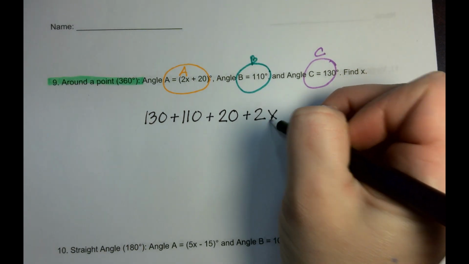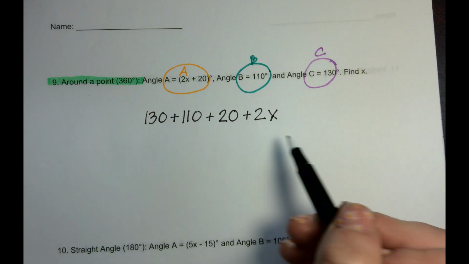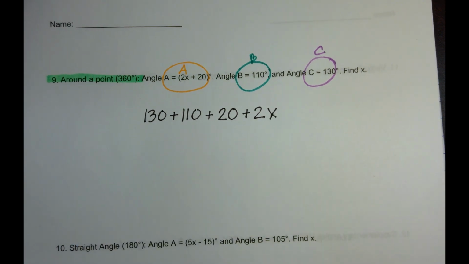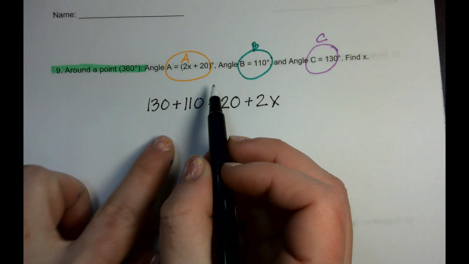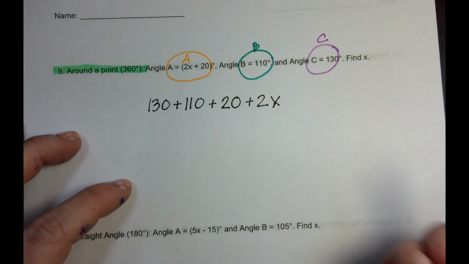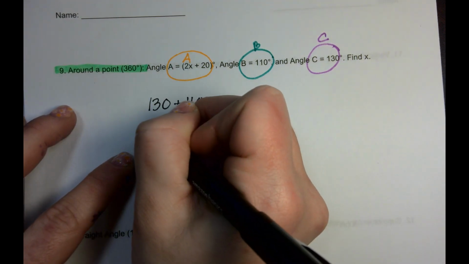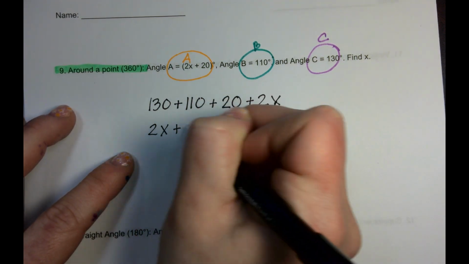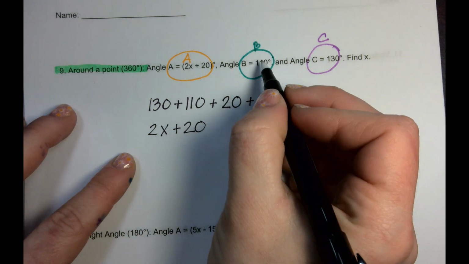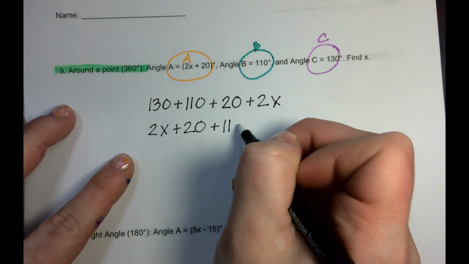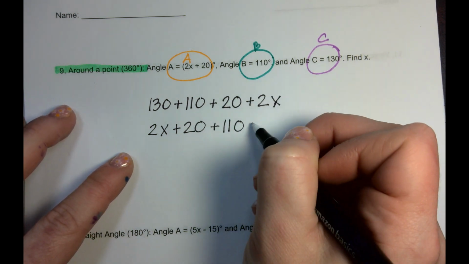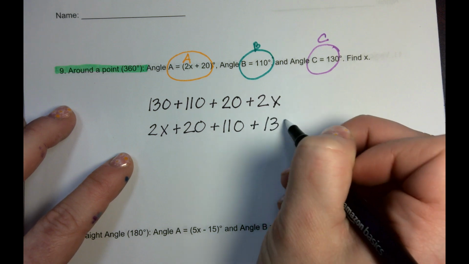Is anyone confused about this order I wrote them in? Okay, let me write it the way that we would most likely see it. We would do A first: 2x plus 20, plus B, 110, plus C, 130.